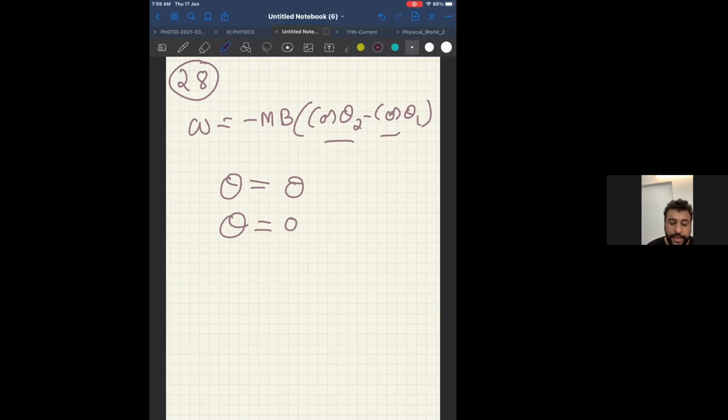If I am rotating a magnet through an angle theta, my final angle will be theta. Initially it is not given, so I will assume my angle as 0. Finally the angle becomes theta. Therefore cos theta 2 becomes cos theta minus cos 0.